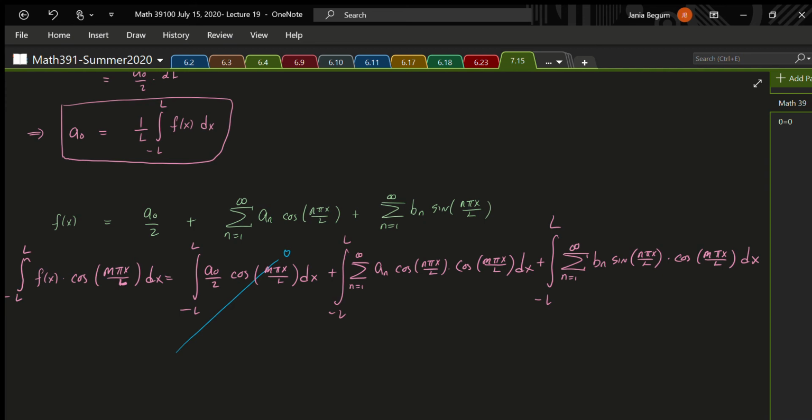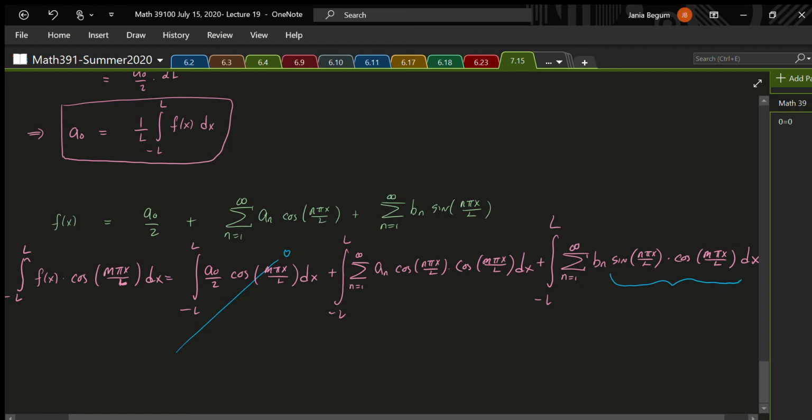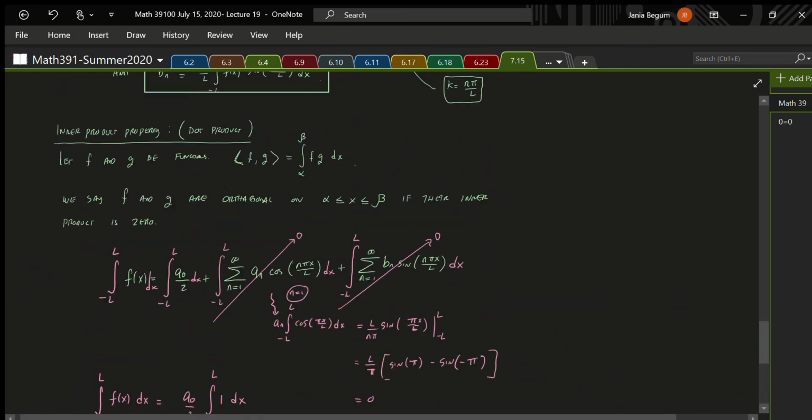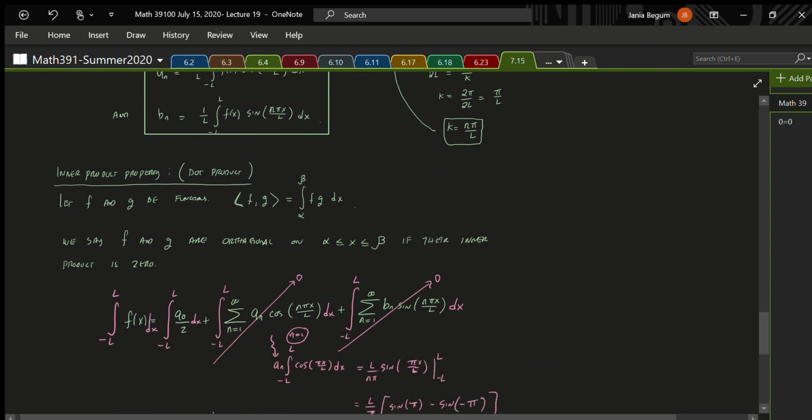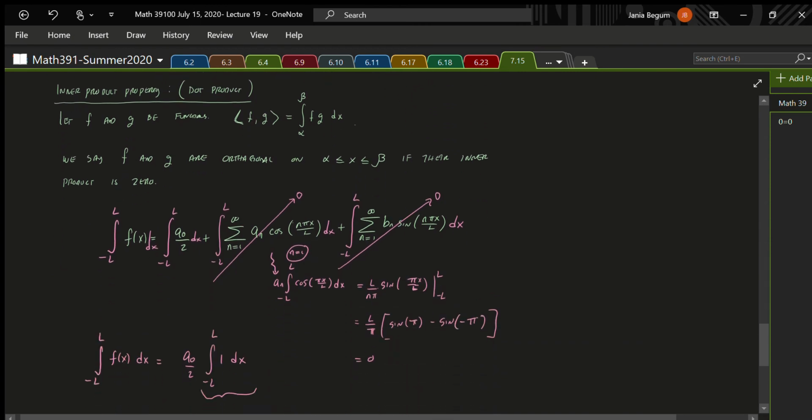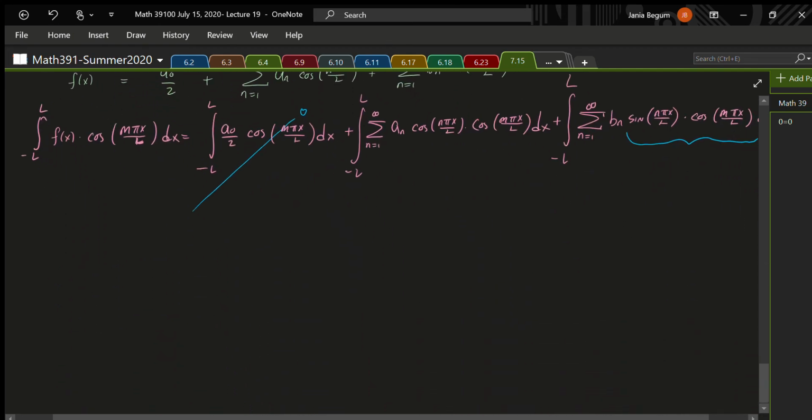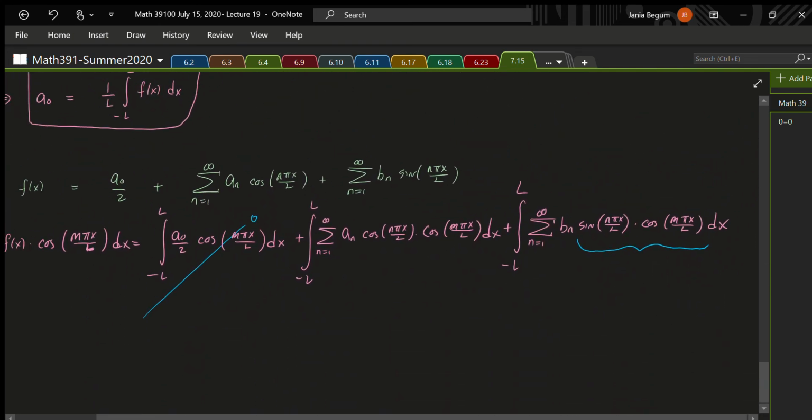Now let's look at the last one. You have a combination of sine and cosine. Again, using the inner product property, we said that two functions are orthogonal on a finite interval if their inner product is 0. So we know sine and cosine are orthogonal. This is something you have to verify on your own.